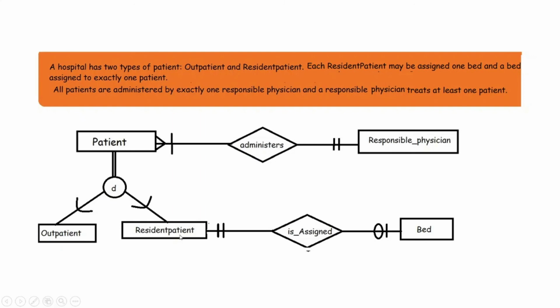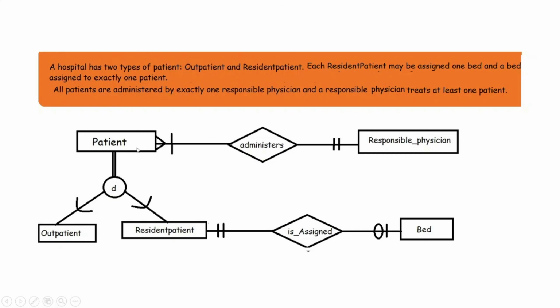These are the only subtypes that can exist at a time for a patient. So that's why we have a double line here. This double line indicates the total specialization rule. If there had been other subtypes, then only a single line would have appeared here.